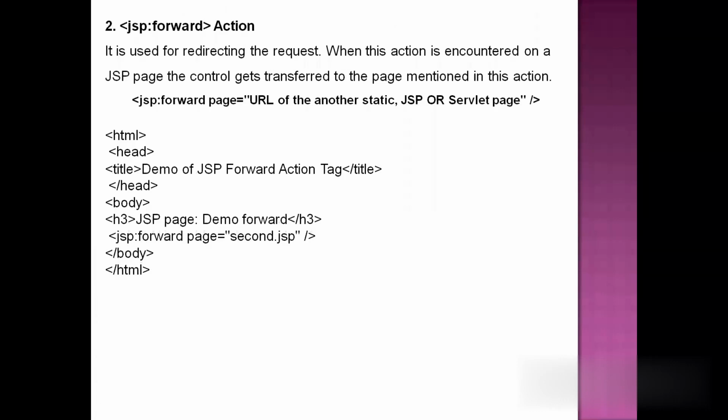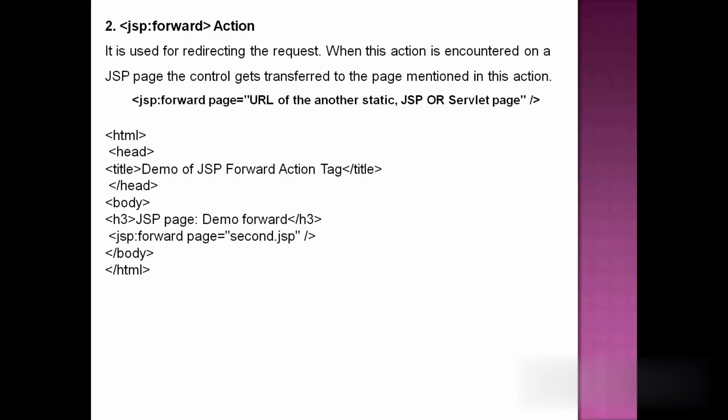Now see one demo, one example on this. Inside the body section, if you observe the last third statement, here I am including the forward tag, jsp:forward page equal to second.jsp. What is the meaning of second.jsp? Just assume that we are in the first.jsp file. Now, in your program, you have specified jsp:forward page equal to second.jsp.